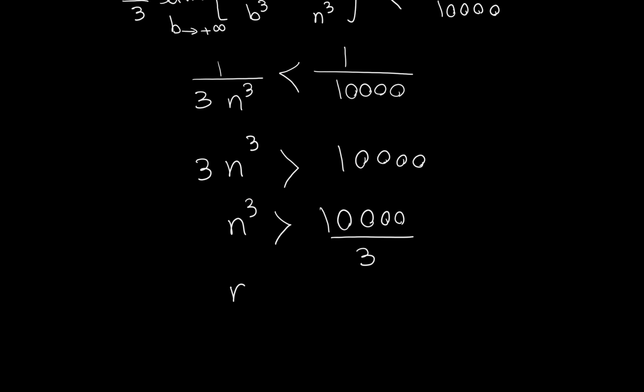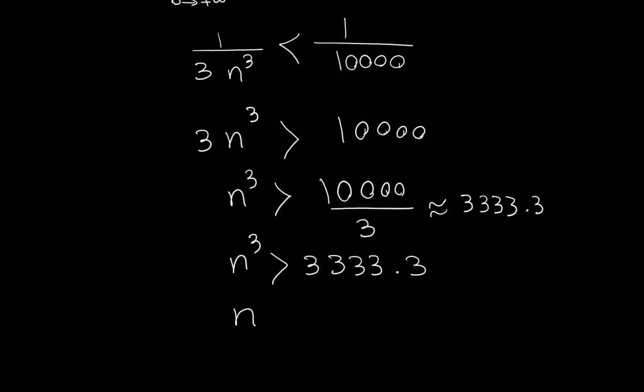So n to power 3 should be greater than 3,333.3. So the cube root of n to power 3, which is n, should be greater than the cube root of 3,333.3, which is 14.93.